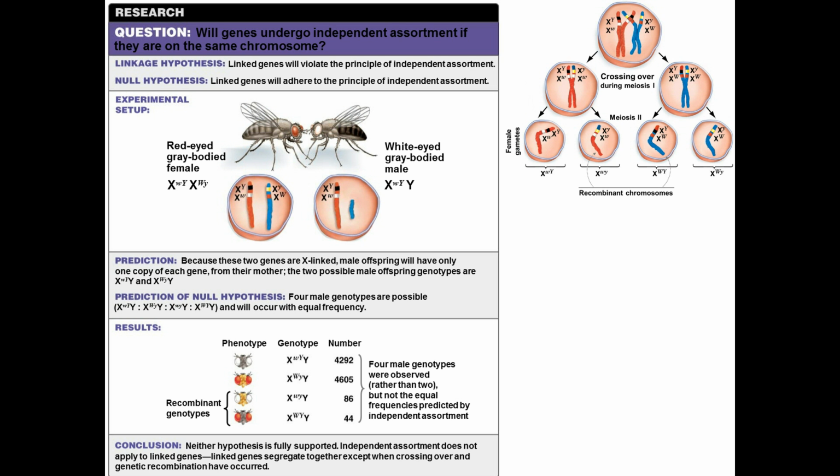The fact that we have one copy of the dominant gray body allele and one copy of the dominant red eye allele tells you that she has red eyes and a gray body. Here on our male fruit fly, we have white eyes and a gray body.